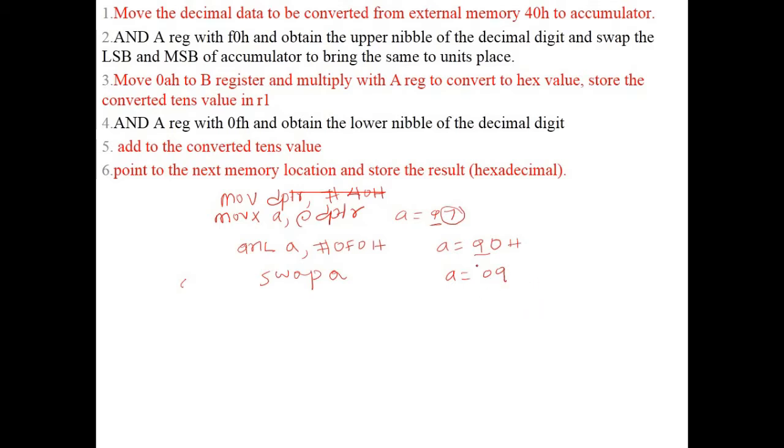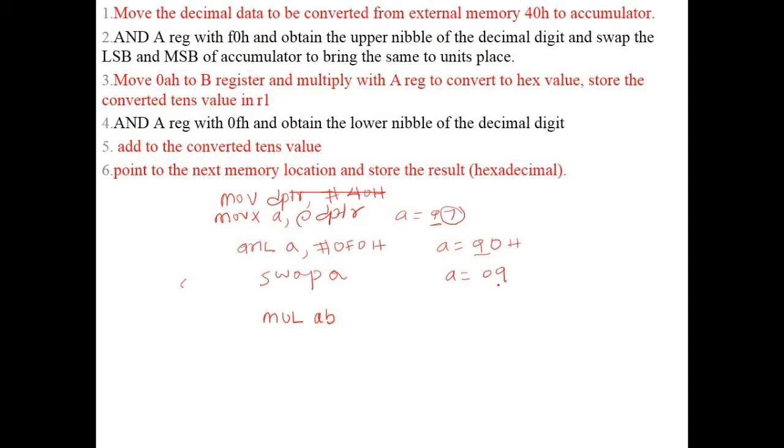Next we need to multiply 0A with this 09. The instruction to multiply two values in the 8051 is MUL AB. One operand should be in the accumulator and the other in the B register.